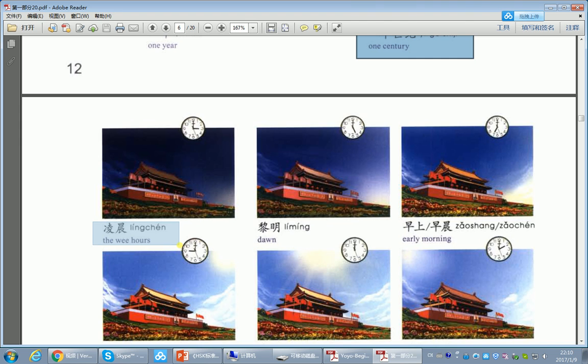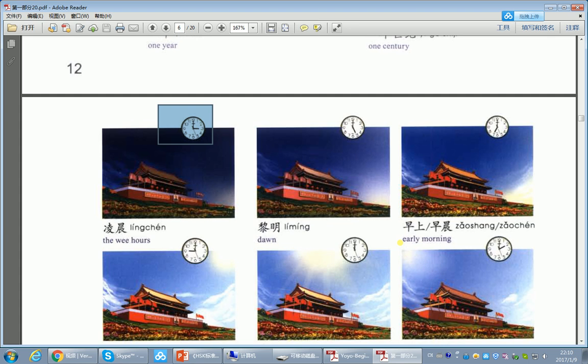黎明. 凌晨 the wee hours. It means the small hours. So this one we can read it 凌晨3点.